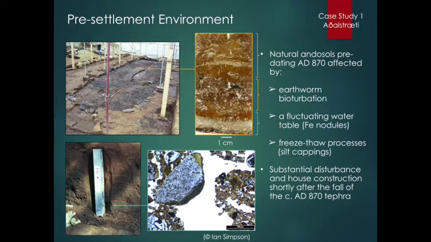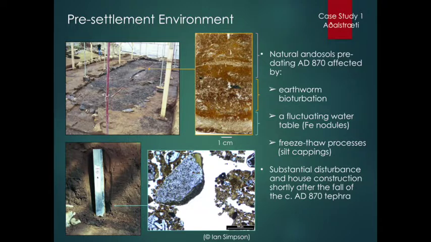And what we can see is that throughout the site, just before and just after the tephra layer was deposited, there were signs of disturbance, and then you get accumulation of occupation deposits. So this is the actual floor. And then you have, afterwards, a sequence of turf collapse. What you can see here is that this white material, this is actually the tephra layer again, which was inside every single piece of turf that was used to construct the house.